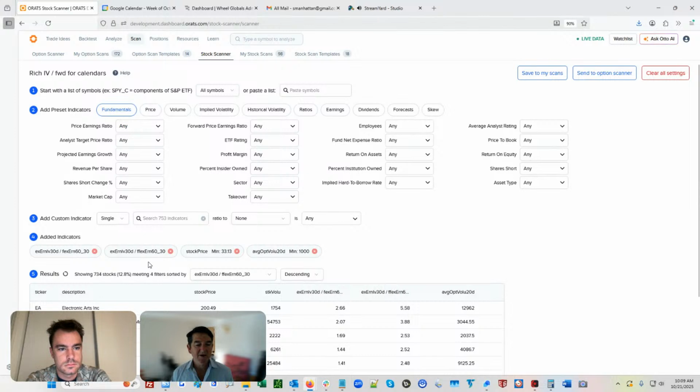Now we actually have two different methods for looking at forward volatilities. I'm not going to get into that too much, but one is looking at what I talked about before, that average, like if you're driving a car.